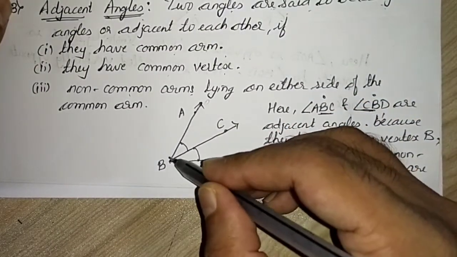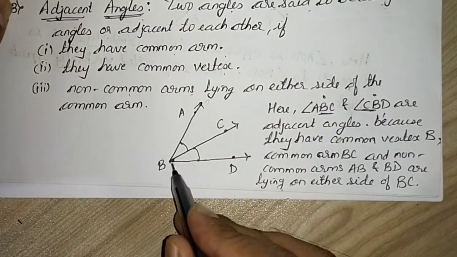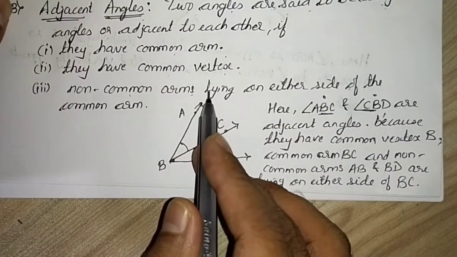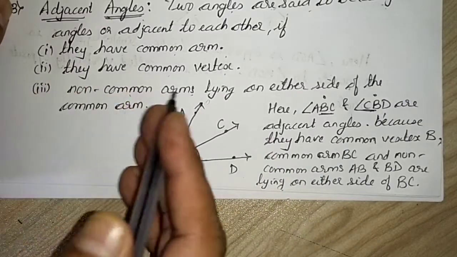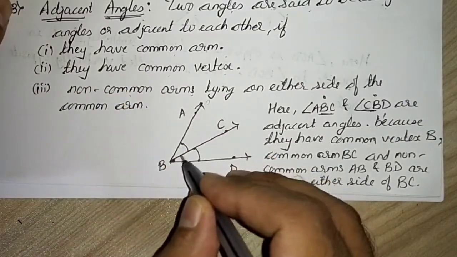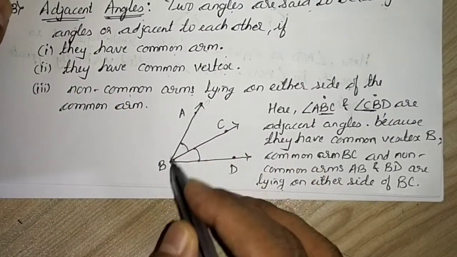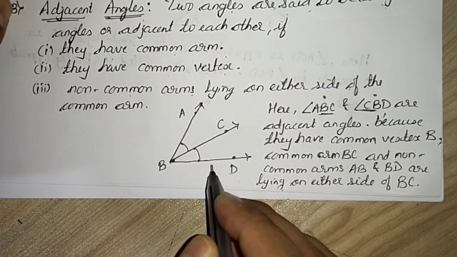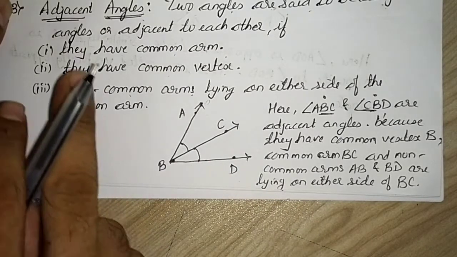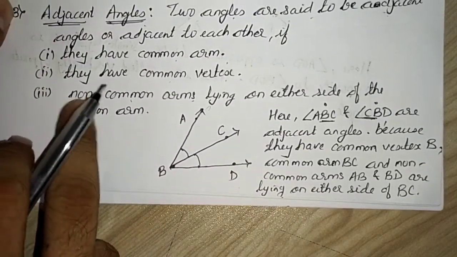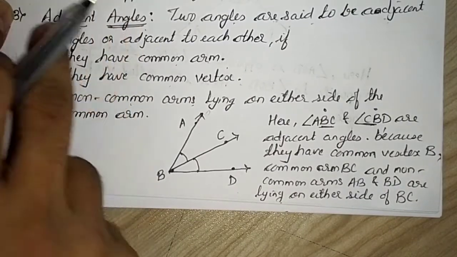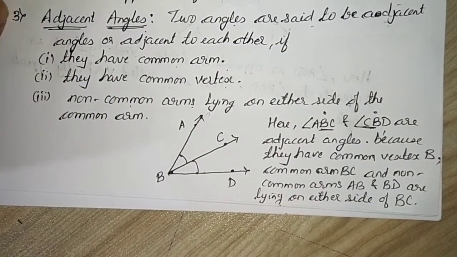This is common, so AB and BD are not common. They are non-common arms lying on either side of the common arm. That means this is the common arm, one will lie above it and one will lie below it. If these three conditions are satisfied, then only the angles are adjacent angles.